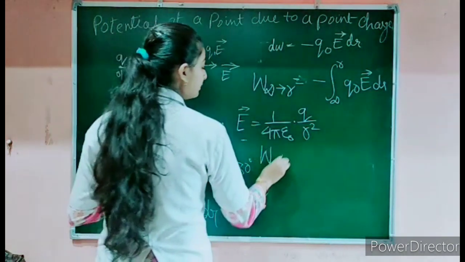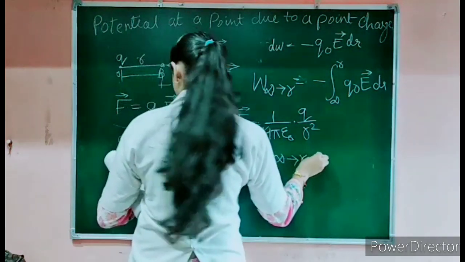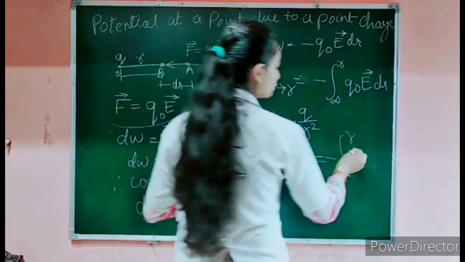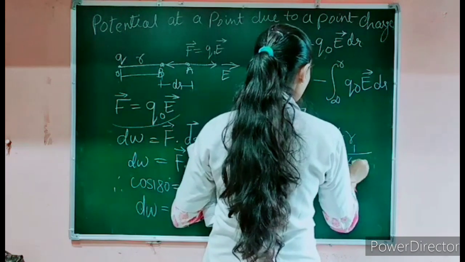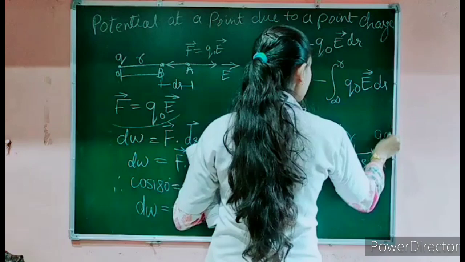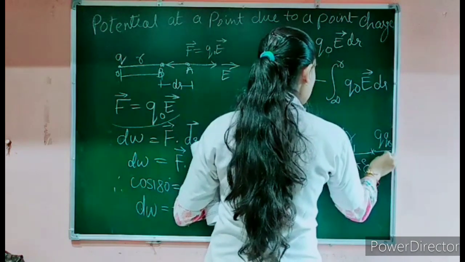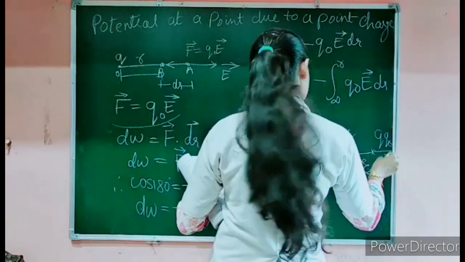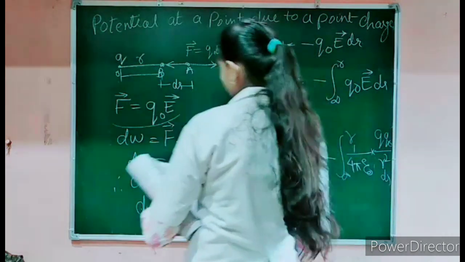Now the work done in bringing a charge from infinity to r will be equal to 1 upon 4 pi epsilon 0 into q0 upon r square into dr.